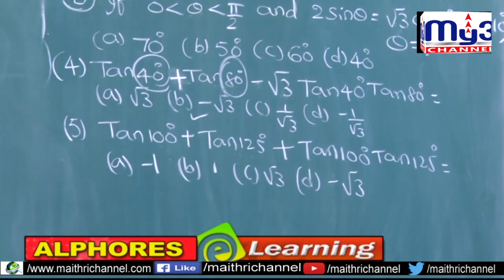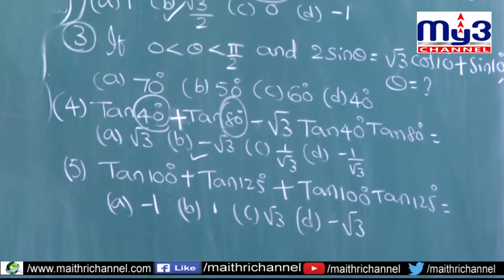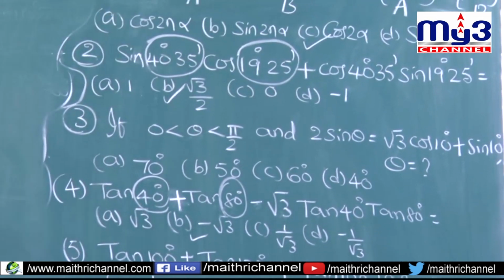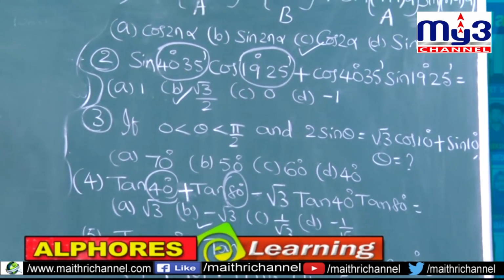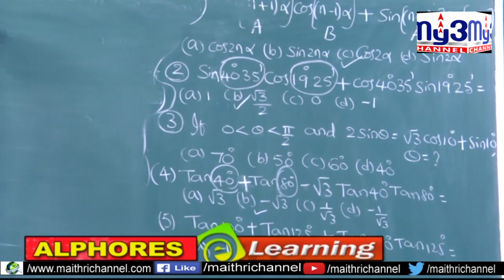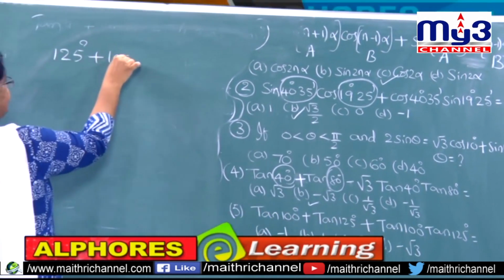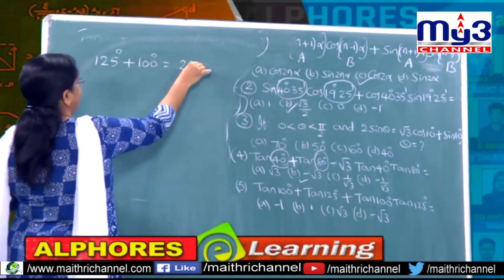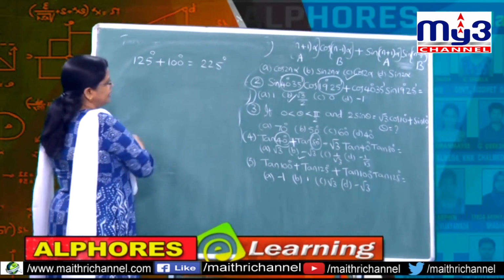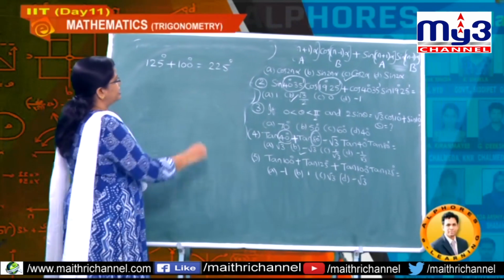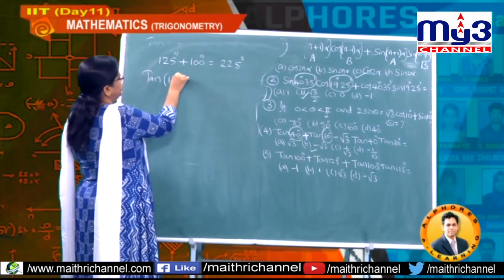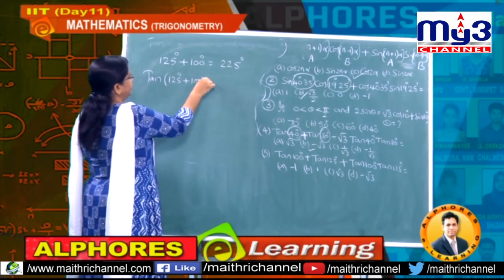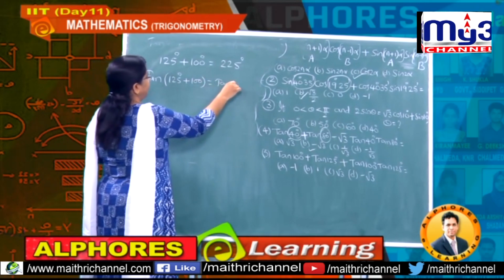Then how can you express it actually? If you want to do it in the same way, I will give the hint, that means you have to start the problem by taking 125 degrees plus 100 degrees. What is this value, students? It is 225 degrees. And then let us take the tan function on both sides, that is tan of 125 degrees plus 100 degrees equal to tan of 225 degrees.